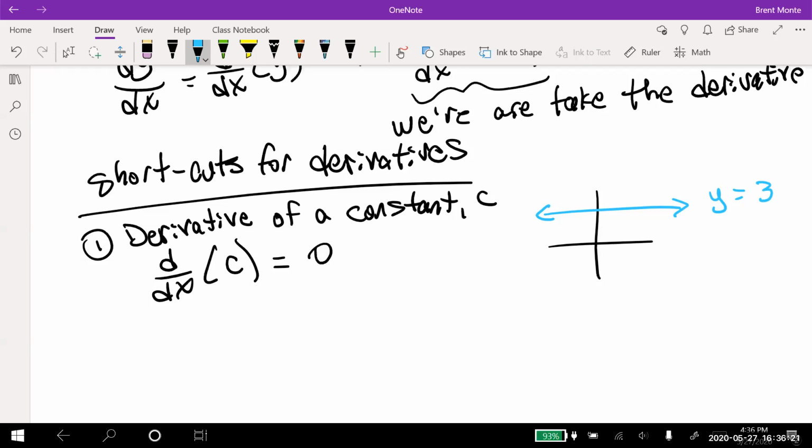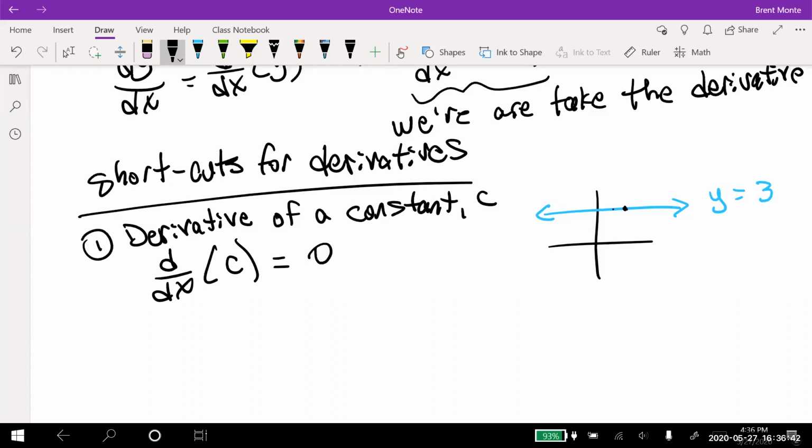There's no variable x there, so y is always 3. It's not changing. If I go any place on that curve, say right here on the curve, and I ask, hey, what's the rate of change?